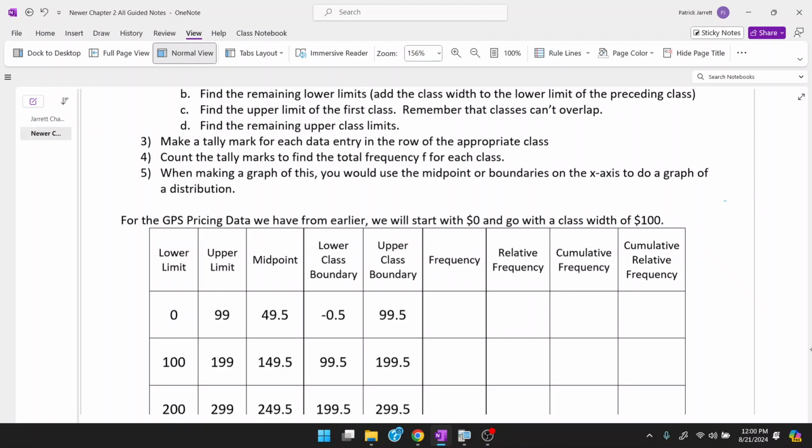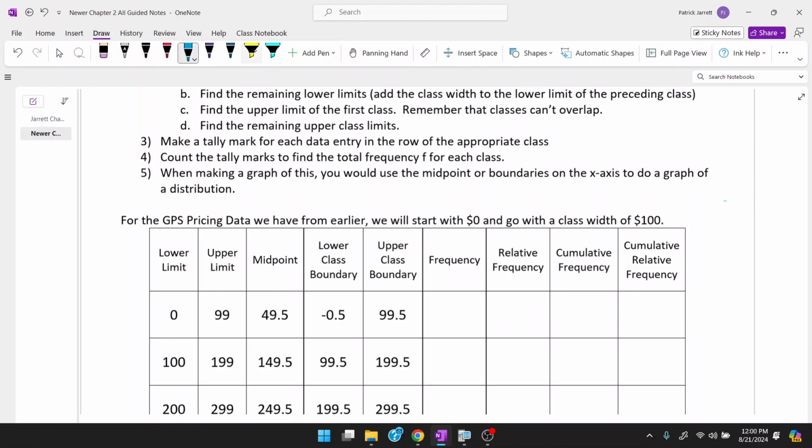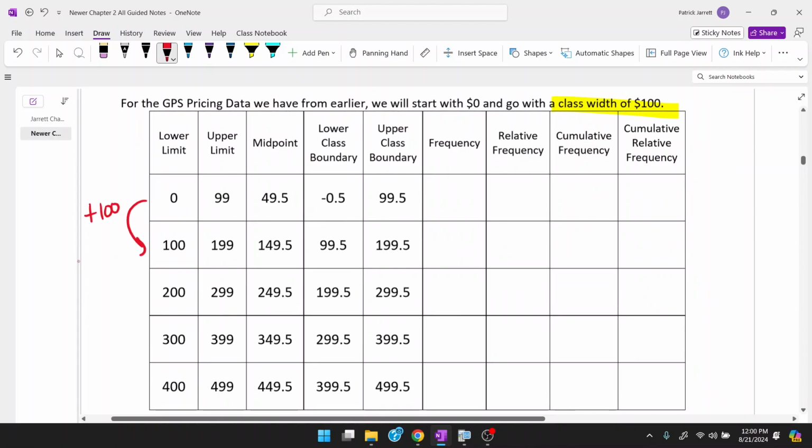Now, you're probably thinking, what's all this stuff here? Because if you notice, 0 to 99, that is not $100. The purpose of a class width of $100 is that we would be adding $100 to every lower limit, or adding $100 to every upper limit.